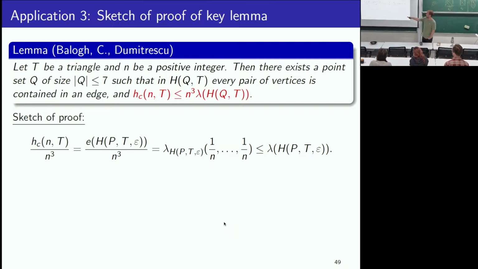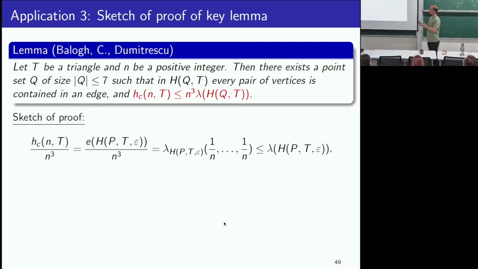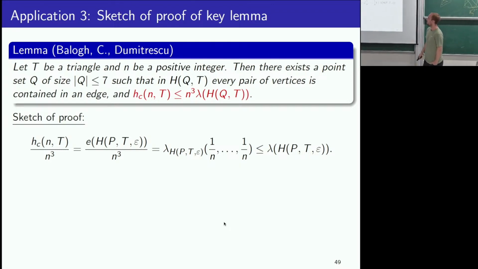Since here we had the minimum over all possible epsilons, we can choose the epsilon small enough such that the number of edges in our almost auxiliary 3-graph from some maximizing point set equals this quantity. So here P is a maximizer.